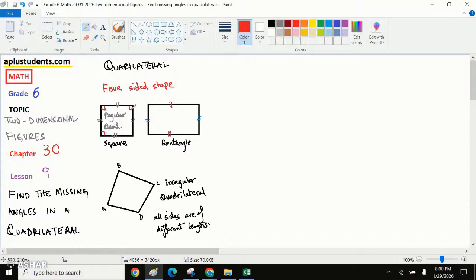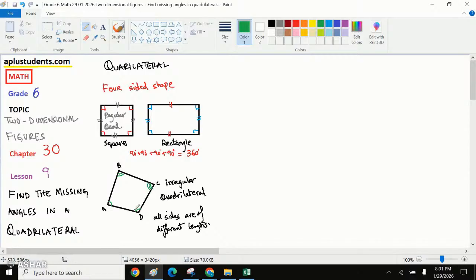Okay, we know that in a square there are four right angles, right? Agreed? Four right angles. That means 90 plus 90 plus 90 plus 90, the sum of the interior angles should always be 360 in a square. Same goes for a rectangle. Agreed? And the same rule will apply to any other quadrilateral, right?